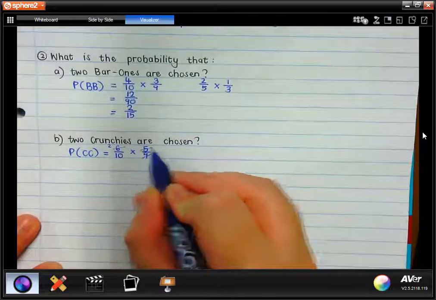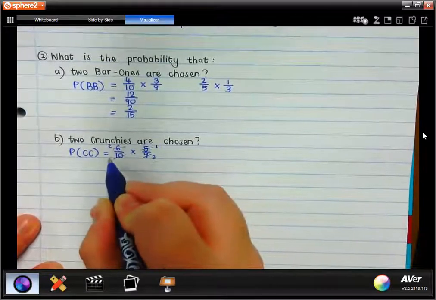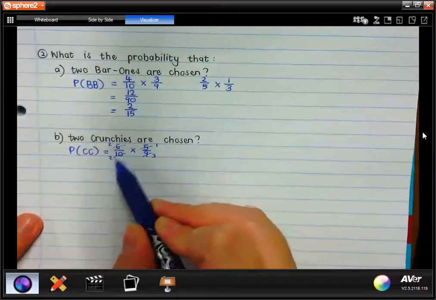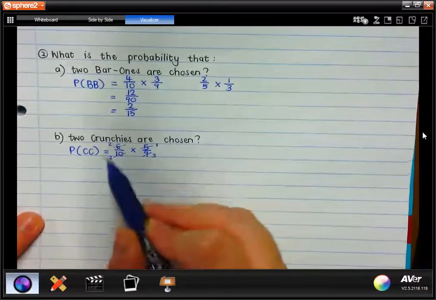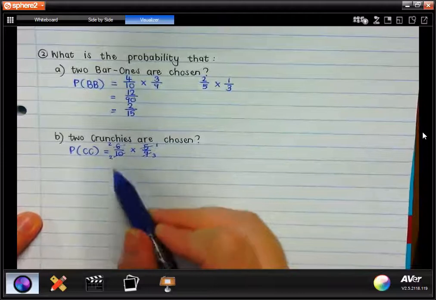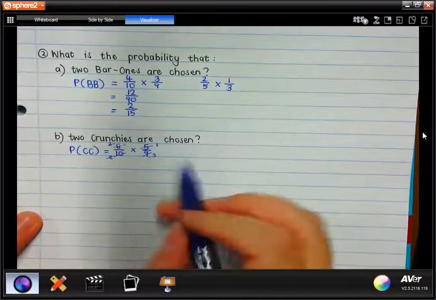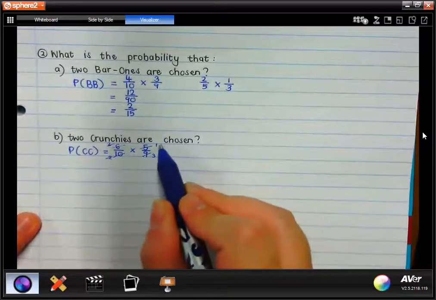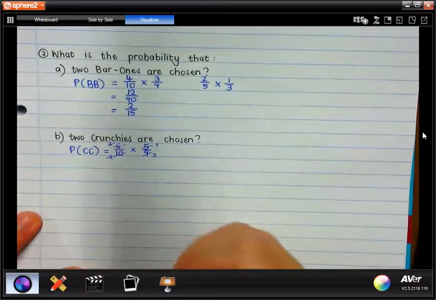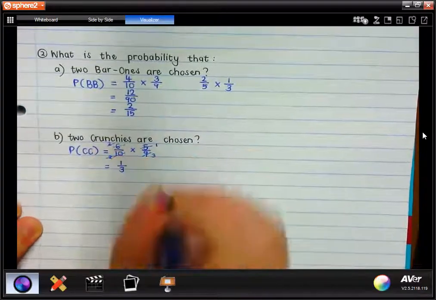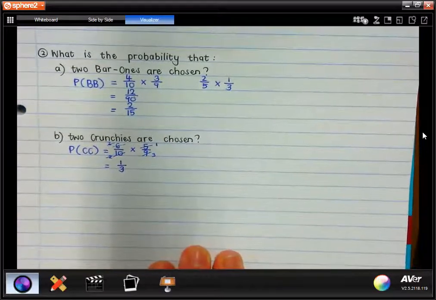Right? 5 goes into itself once and into 10 twice. Now what happens here? We have a 2 and a 2. Can't they cancel each other out? What's 2 divided by 2? Just 1, hey? So these 2's will actually also cancel each other out. So what am I left with? 1 times 1 over 3. What's 1 times 1 over 3? 1 over 3. All right, that's the final answer.